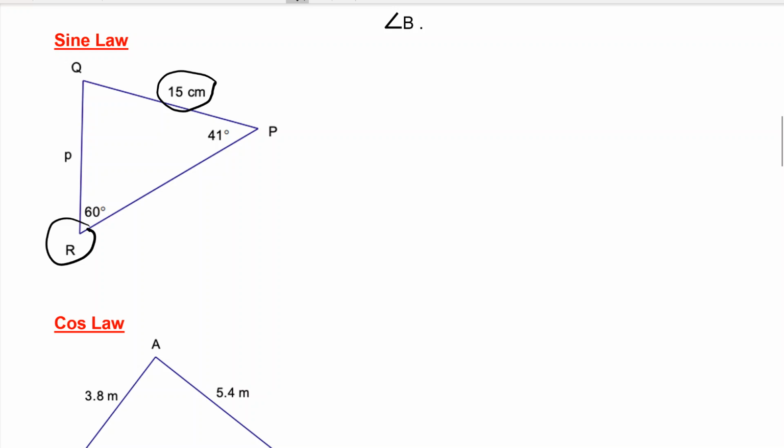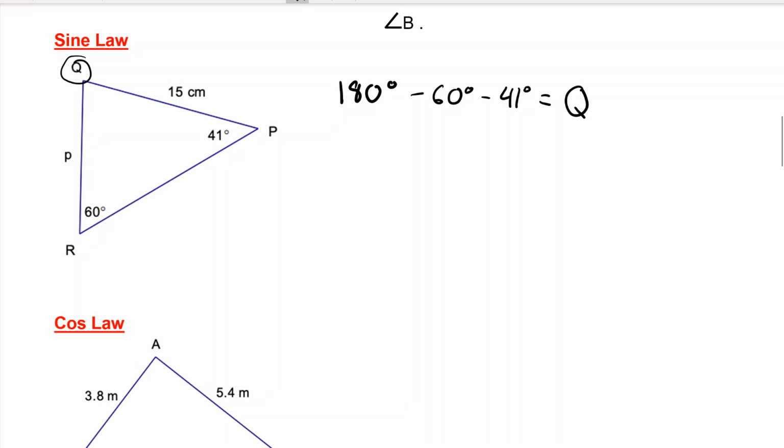I can already find Q because, well, I have 60 degrees and 41 degrees. So if I wanted to find Q, I can already just use a little handy dandy law I know, which is that all of the angles in a triangle should add up to 180 degrees. So 180 degrees minus the other two angles, 60 degrees and 41 degrees, well, that should equal angle Q, right?